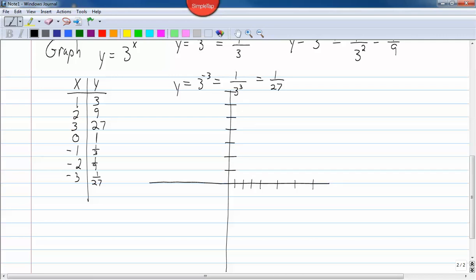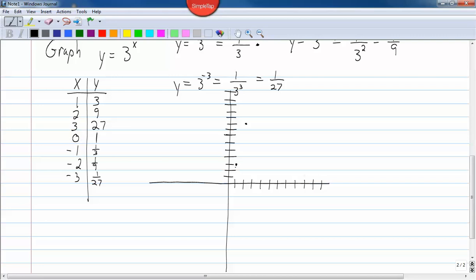So I'm going to have to halve all these just to get a couple points in. Alright, so I can graph 1, 3, 2, 9, but 3, 27, that's going to be just way up here somewhere.